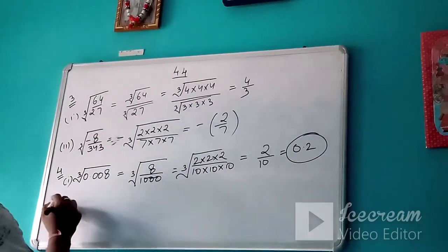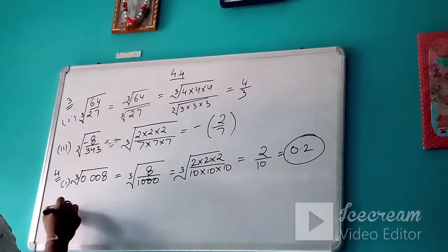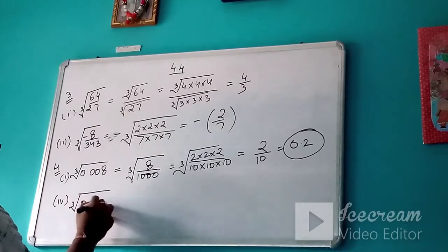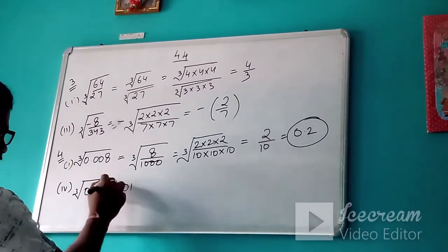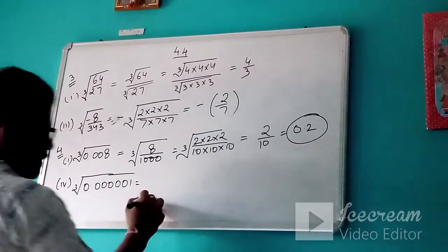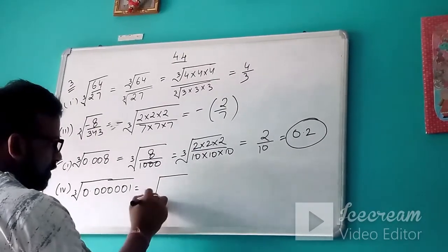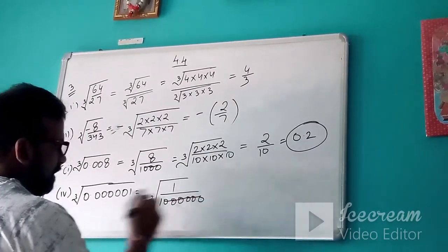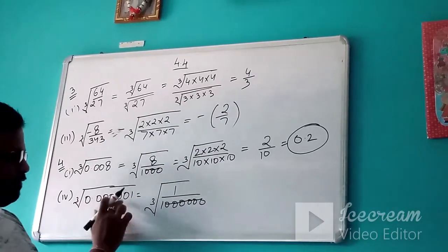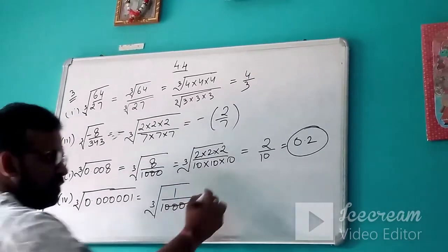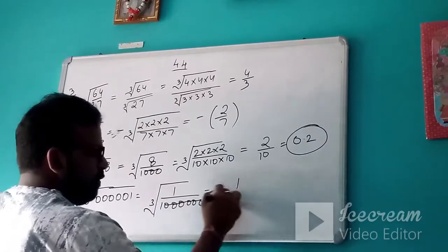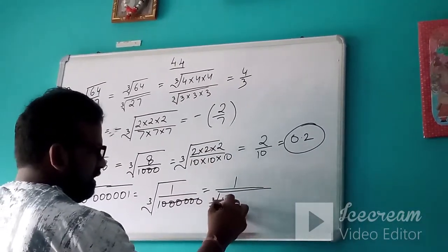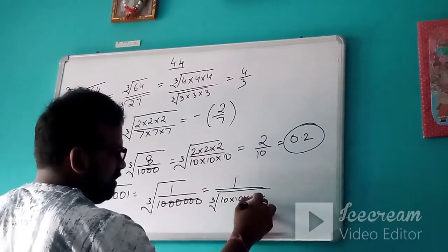Let's see one more question. Suppose the question is like this, 0.000001. Again we will remove the decimal, and how many places are there? 1, 2, 3, 4, 5, 6. So 6 zeros. The cube root of 1 upon 1 is 1. Then 10 we will write 6 times.